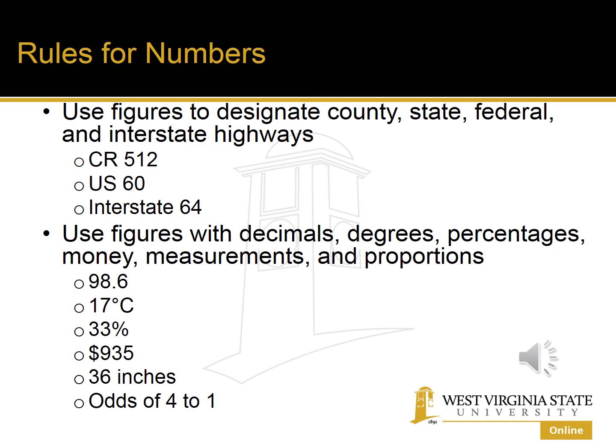We also use figures with decimals, degrees, percentages, money, measurements, and proportions, such as 98.6 degrees, the body temperature, or 17 degrees Celsius, or 33%, or $935, 36 inches, or odds of 4 to 1.